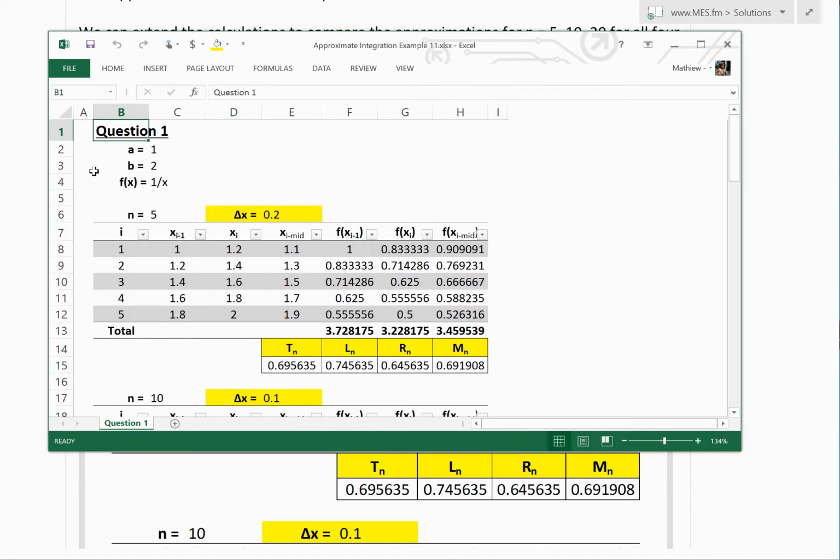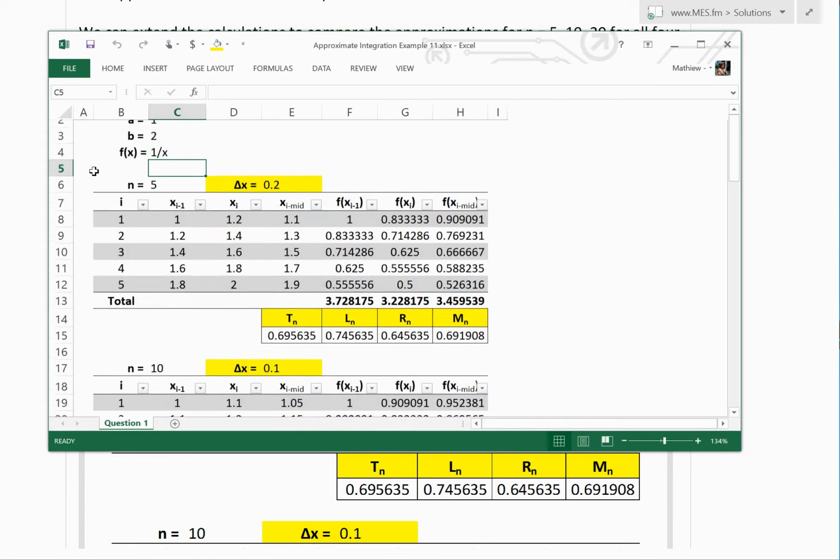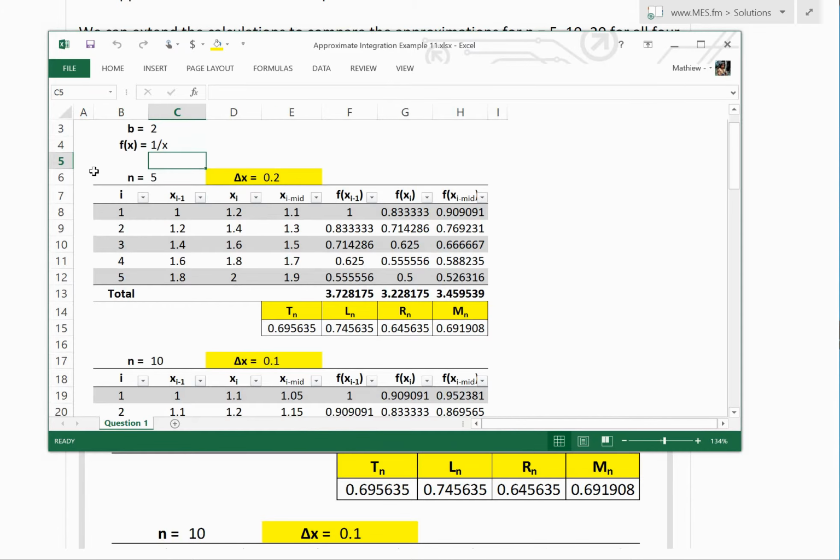So for a equals 1, b equals 2, these are just the limits of the integral, and f(x) equals 1 over x. For n equals 5, we get delta x. Basically in this, I just solve for x_(i-1), x_i, and x_i middle. And then I find the corresponding f(x) values, f(x_(i-1)), and then the right endpoint and middle endpoint.